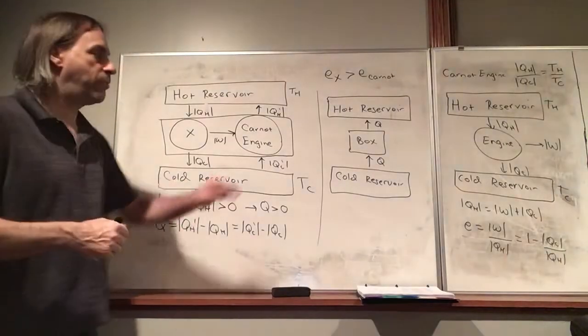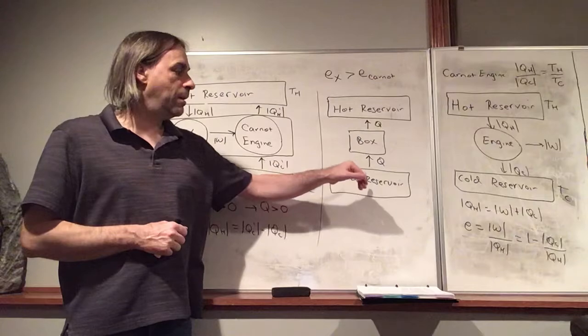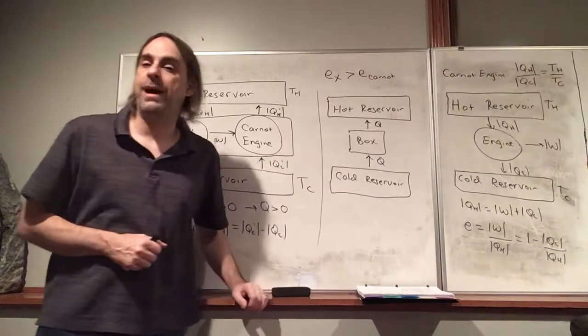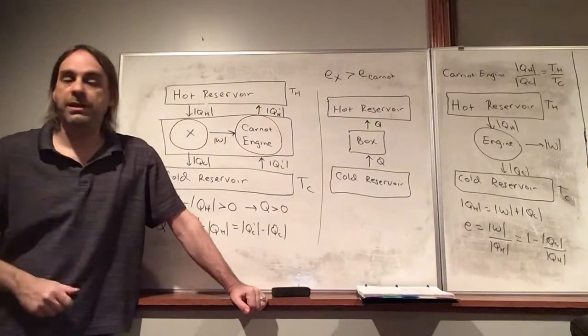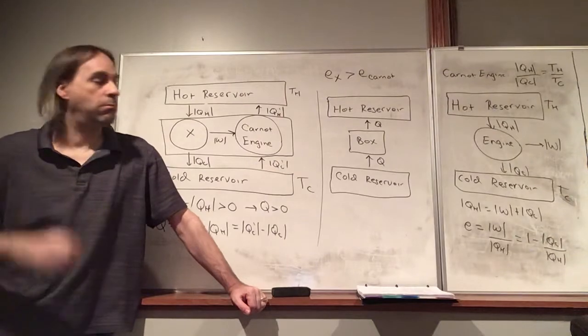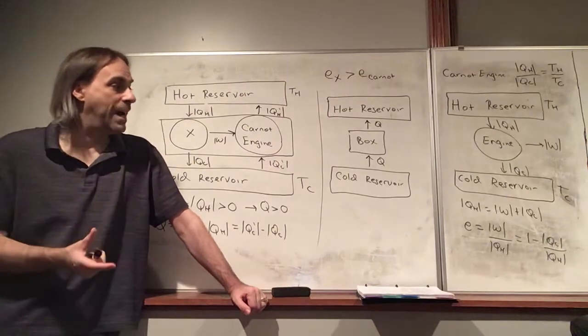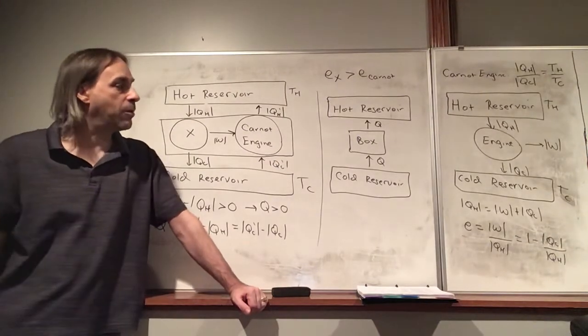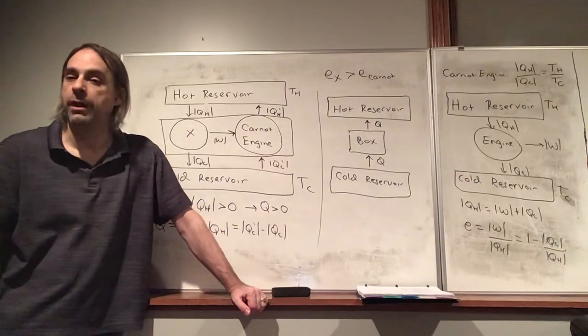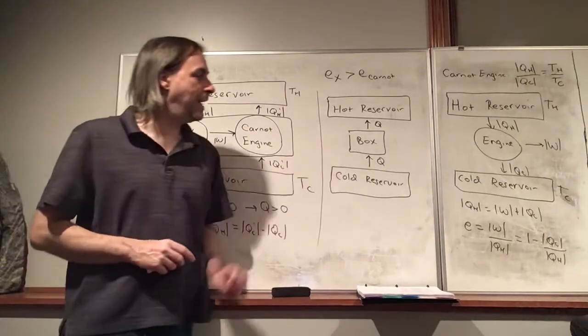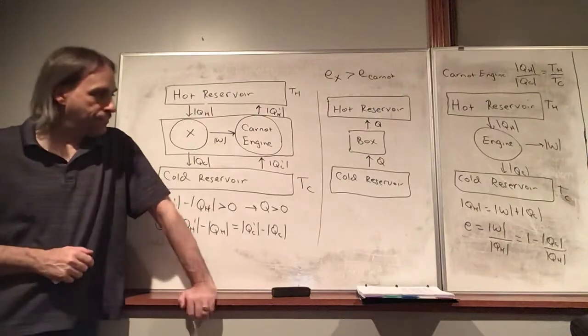So we've apparently created an engine that can make heat flow from cold to hot just indefinitely without supplying any energy from outside. And the second law of thermodynamics simply does not allow that. So this is absolutely impossible.